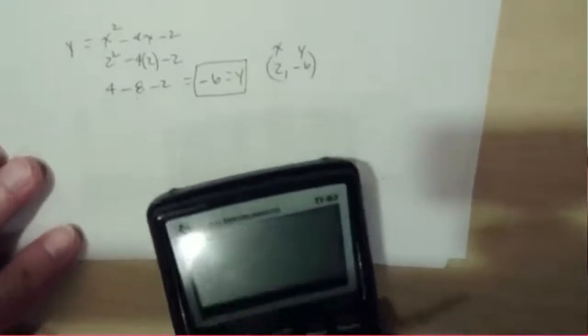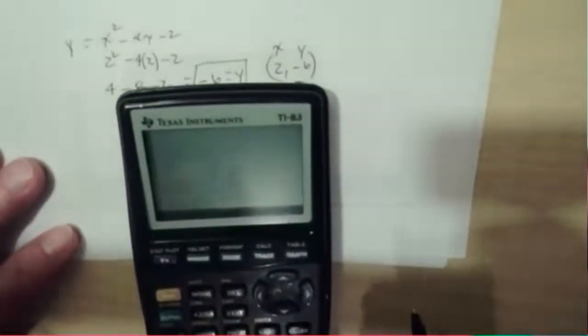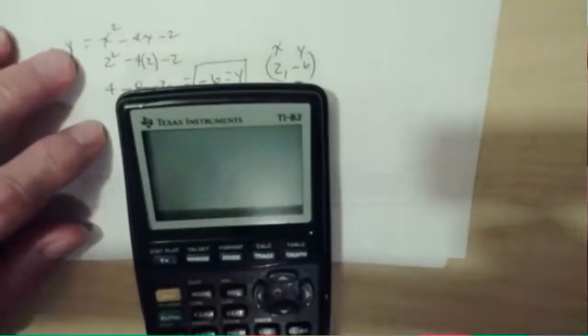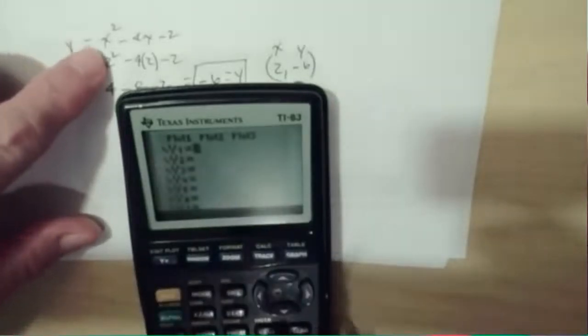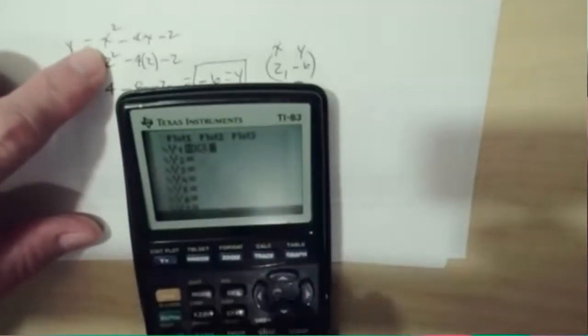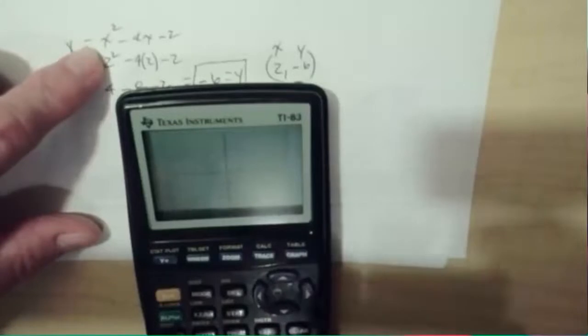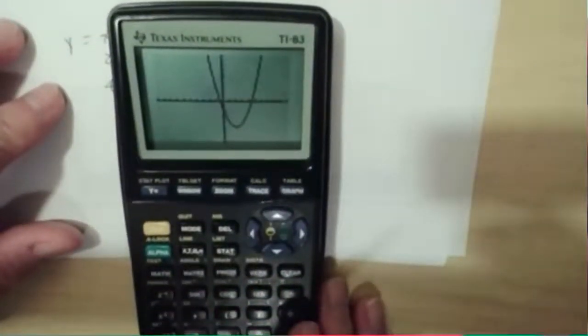Let's see. Now, I sent you a sheet this morning on how to do this on the calculator to find the vertex. First, you turn it on. Go to y equals, and we're going to put in x squared minus 4x minus 2. There's our handy dandy graph.